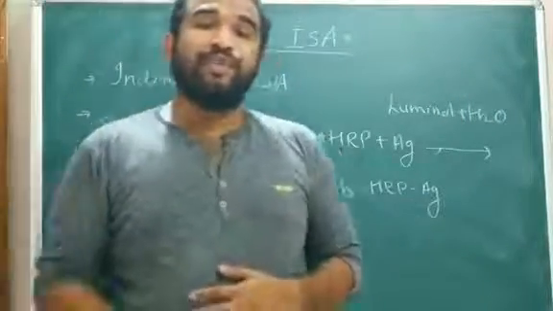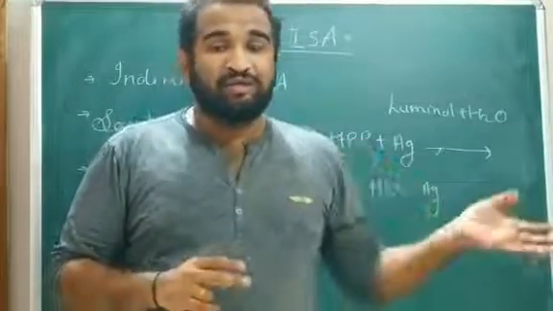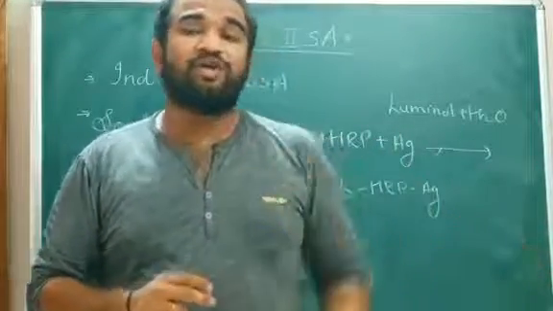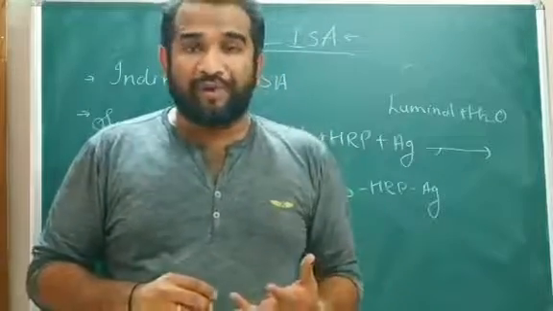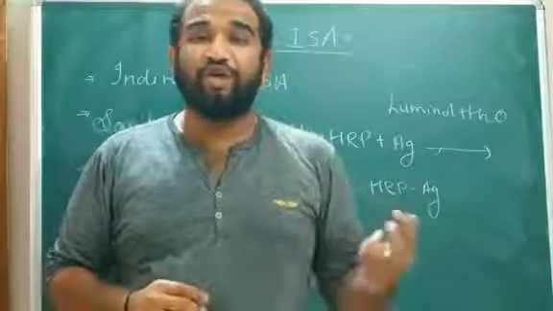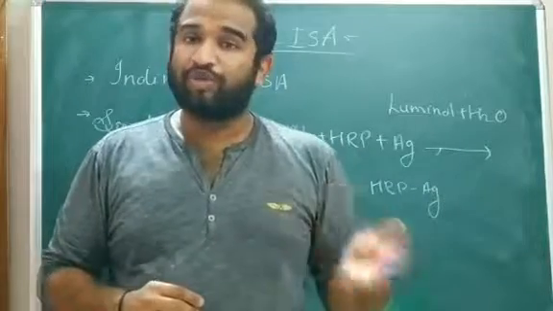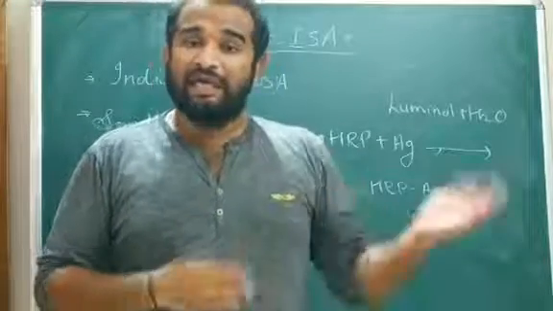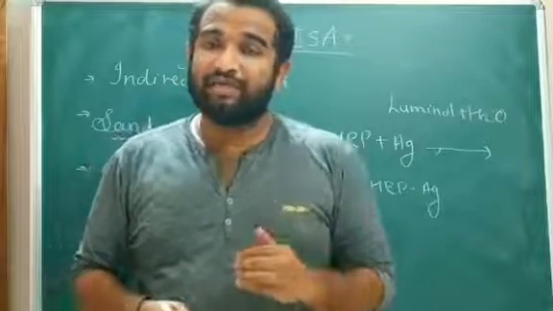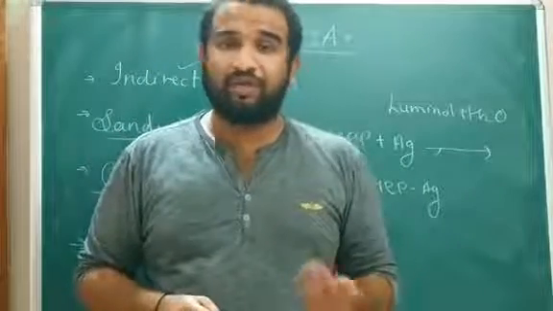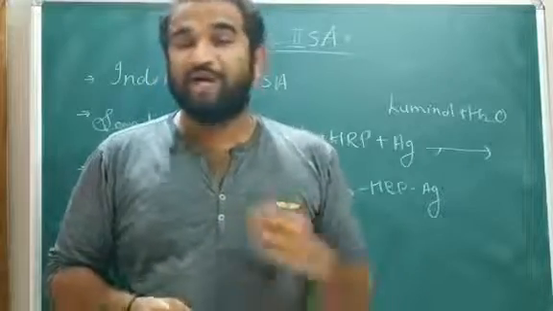Chemiluminescence means when the enzyme and substrate react, in the previous ELISA test the color change was being observed, but here light is going to be emitted. The substrate used here is not a chromogenic substrate. In the ELISA test, the chromogenic substrate was used. In this test, the substrate is called a luxogenic substrate, that is, a light generating substrate.